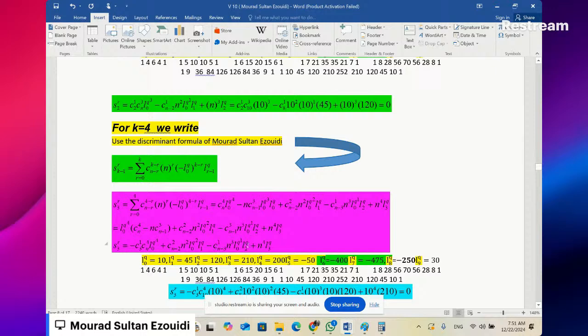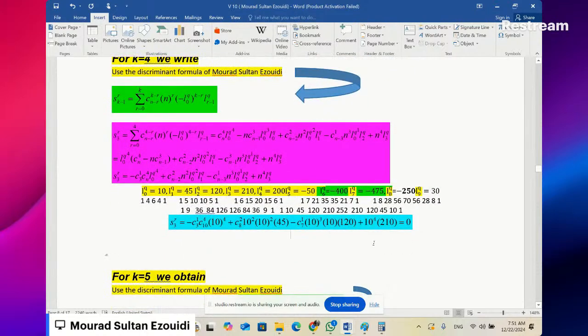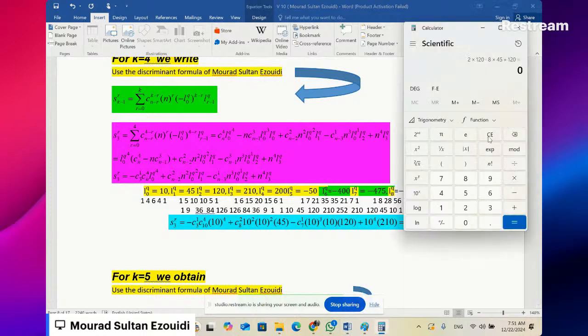Now, I'm going to continue. I will focus here. This is L0; L9 is equal to 0, not 30. Now, I'm going to calculate. You can see negative 3 choose 1. I will use the calculator. We have negative 3 times 10 choose 4.